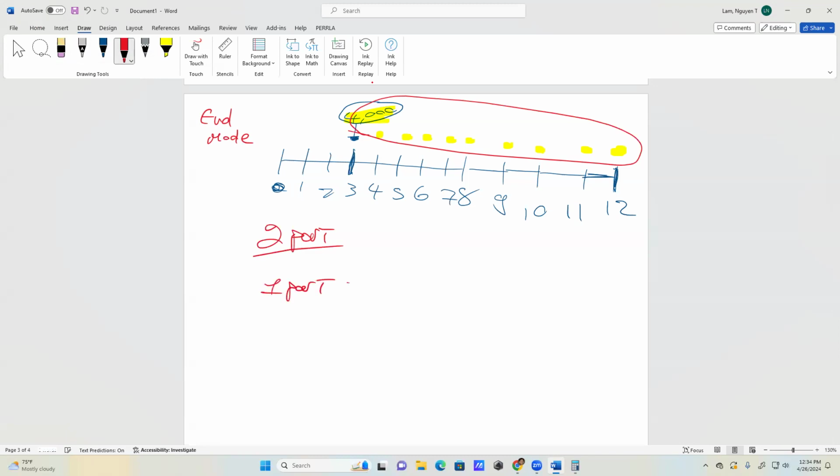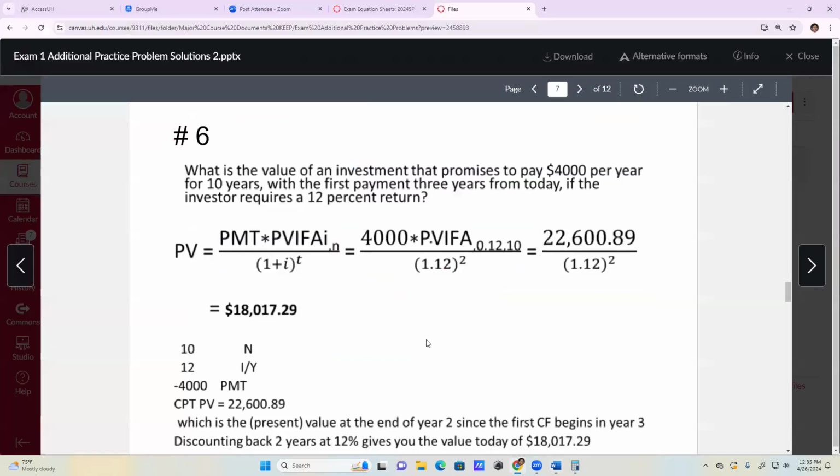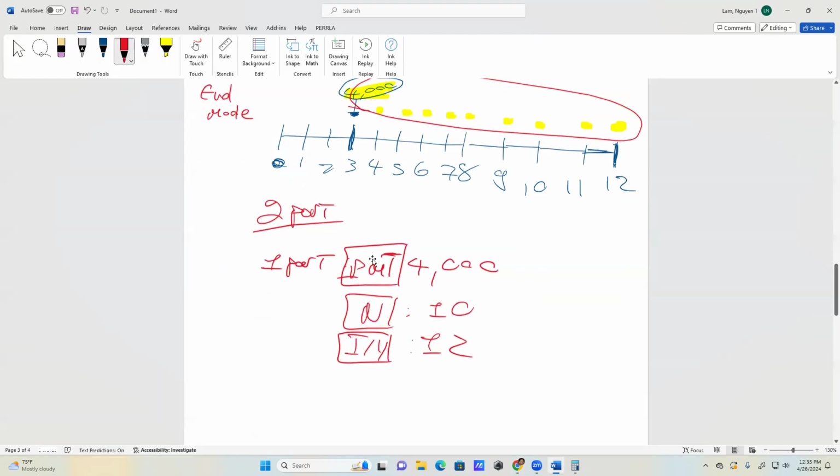All right, let's talk about the first part. First part, you're gonna put the PMT as 4,000. The PMT button, right? That's the payment. How many payments do you have? How many N is there? 10, right? For 10 years. The I, interest. Interest is given to us, 12%.